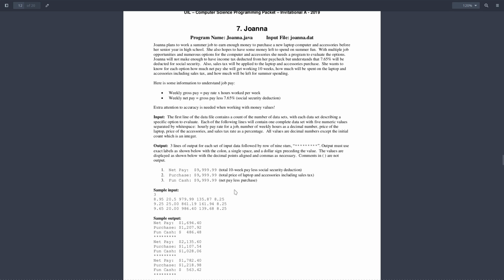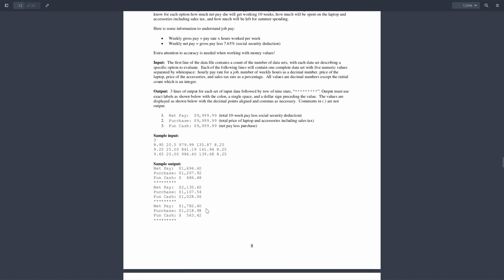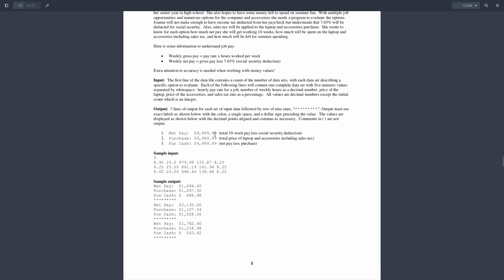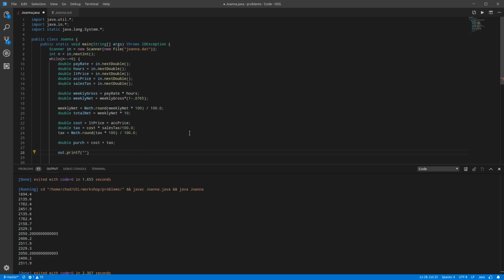Okay, so we know that it's going to be like this. Okay, so we want 1, 2, 3, 4, 5, 6, 7, 8 things wide, and we want commas. Okay, so let's see what we can do. Let's see if we get that working.